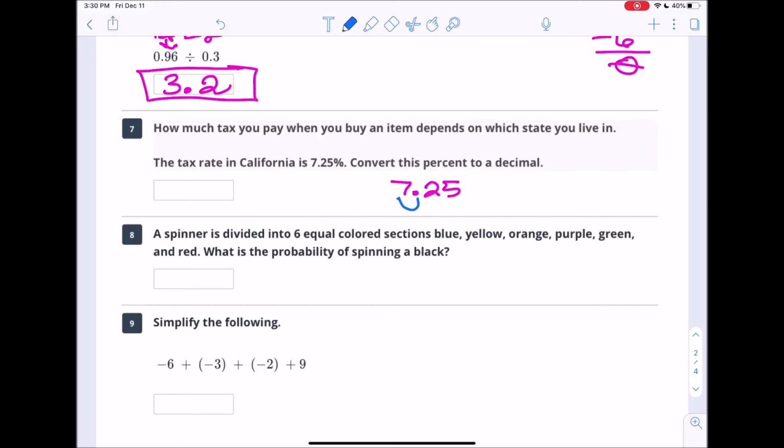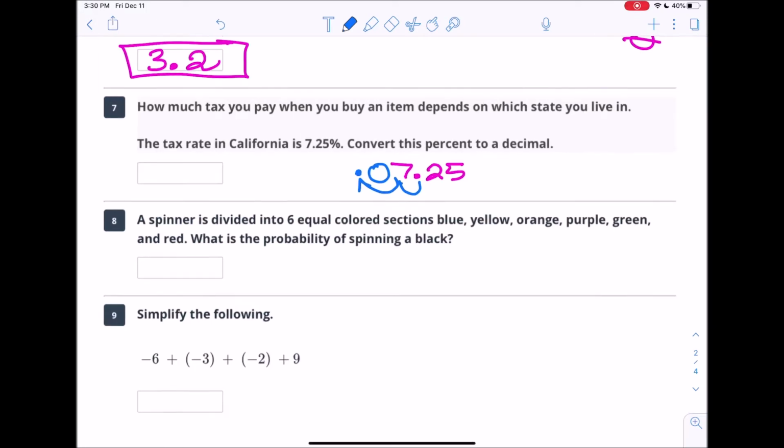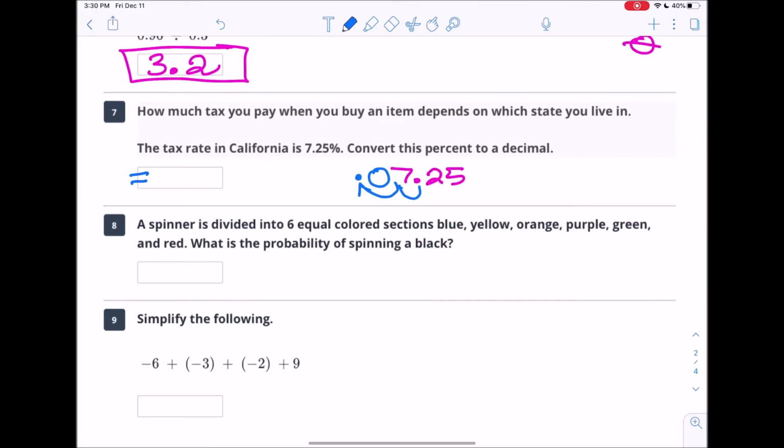And we don't have a number in front of the 7, and that's okay because we just add zeros whenever we're missing numbers, and the decimal will go here. So our answer is actually going to be 0.0725. Remember, yes, this has a decimal, but that's still a percent.